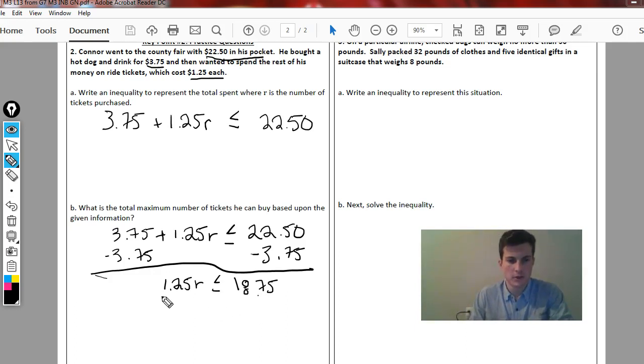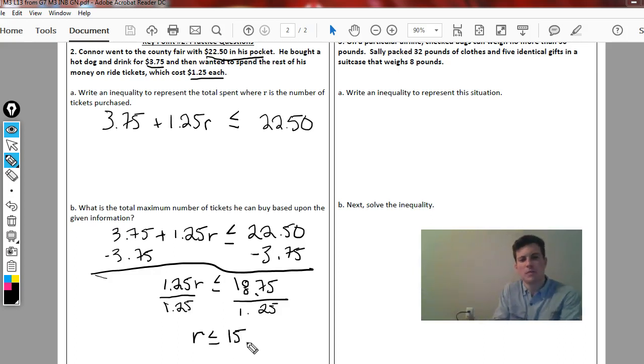One more step, we need to divide by $1.25 on the left to get R by itself. And if we do that to one side, again, we do that to the other. Divide by $1.25. And if you do the math here, that'll give you 1R, or just R, is less than or equal to 15. So what that means is 15 is the maximum number of tickets that Connor can buy.